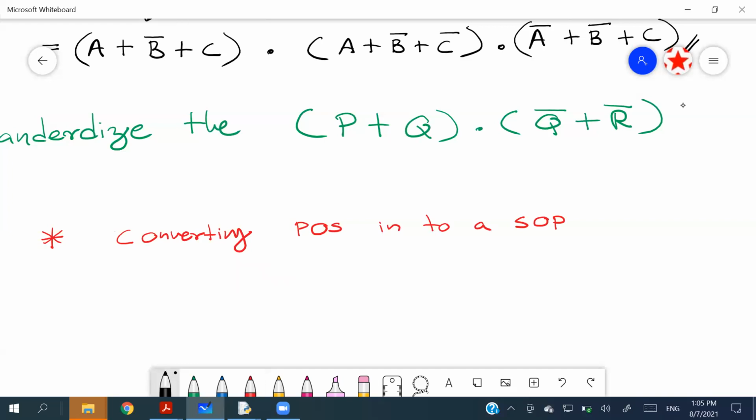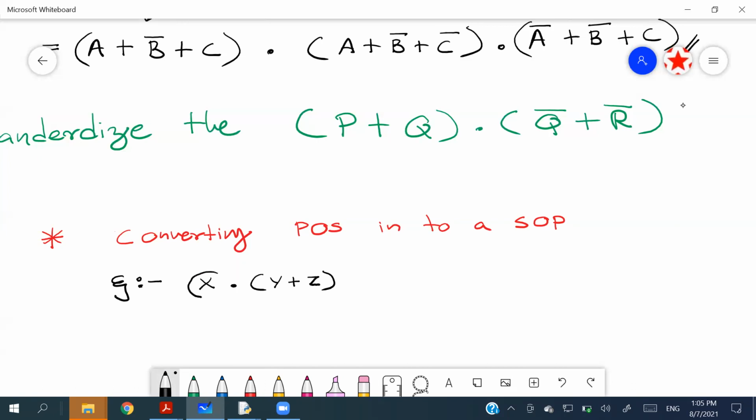So I'll take a simple example. This is the example that I'm going to take: X dot (y plus z), right? Then this is a POS.